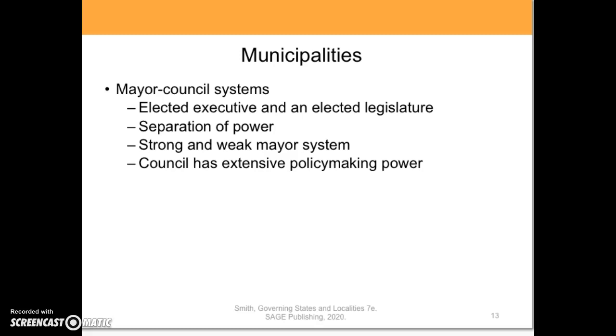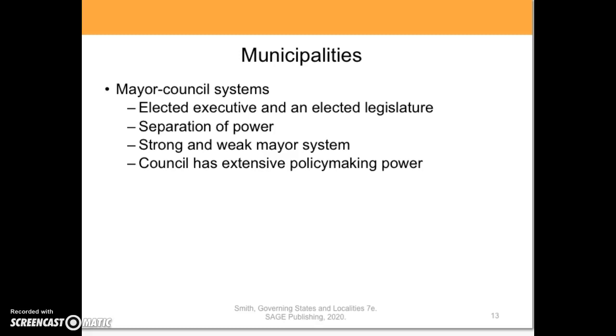He was able to collaborate with others to get things done. Even as a weak mayor, he was able to do this. In fact, Pete Wilson later went on to become the governor of the state of California.